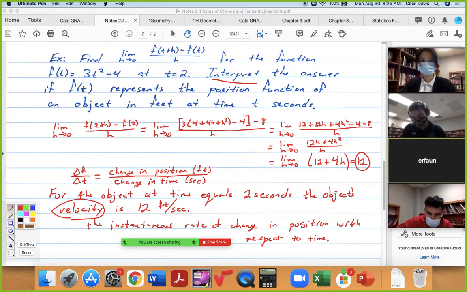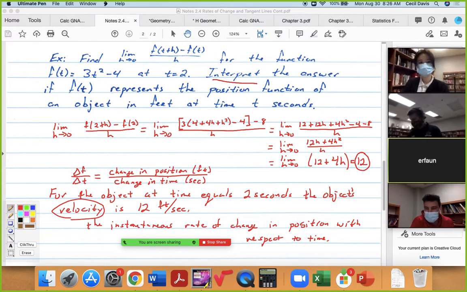Instead of saying velocity. Well, now you know why people use velocity. That's a heck of a lot quicker way to say that. But if this was something that wasn't position in time, you would have to use a phrase like that. It's the instantaneous rate of change of the number of pumpkins with respect to the number of fairy godmothers. Who knows? I used a physics one because you're more comfortable with that, but over time we're going to do more and more which aren't physics.